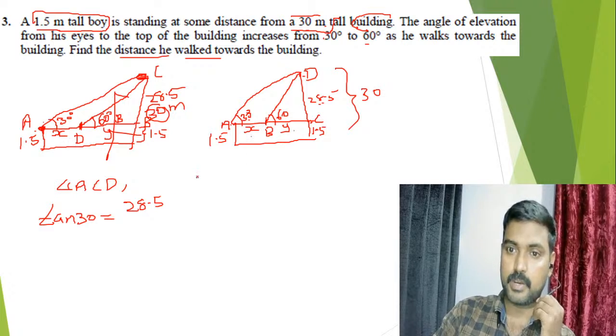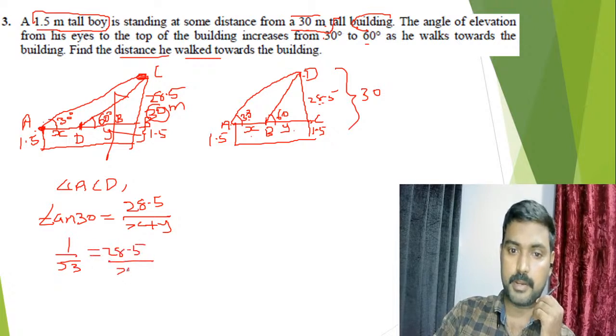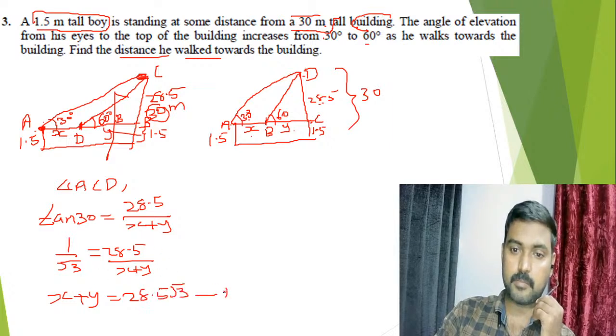Don't look at the other one, only look at triangle ACD. There x and y are there, so total x plus y we want to write. So tan 30 is equal to, we know, 1 by root 3. So we will get 1 by root 3 equal to 28.5 divided by x plus y. Now x plus y transposes to the left side, we will get x plus y is equal to 28.5 root 3. This root 3 comes to that side, we will get equation number 1.